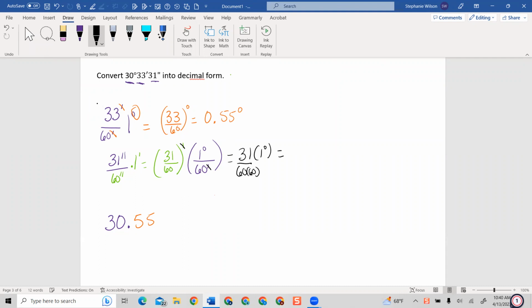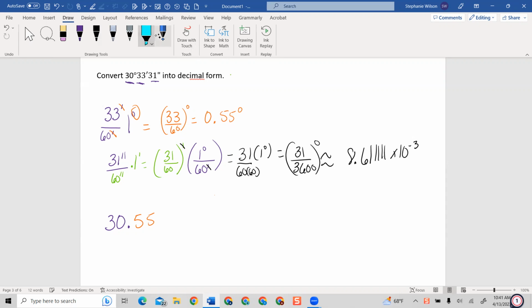So now what do I have? I have 31 over 3,600, and it's all raised to the degrees. Now let's type that in our calculator. Or you can do shorthand. When I typed it in my calculator, I get this.